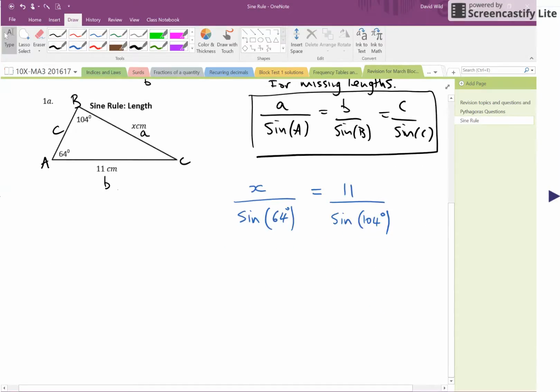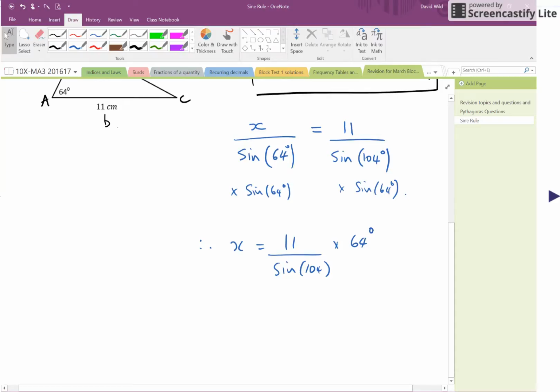But we want to get x on its own, so we're going to multiply both sides by the sine of 64 degrees, and therefore we get x is equal to 11 over sine 104 times sine 64 degrees. And we're going to put that into the calculator now.